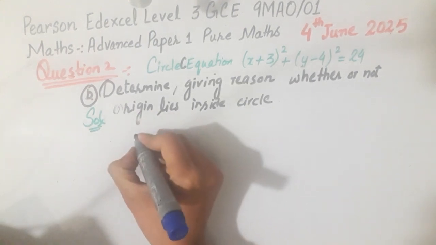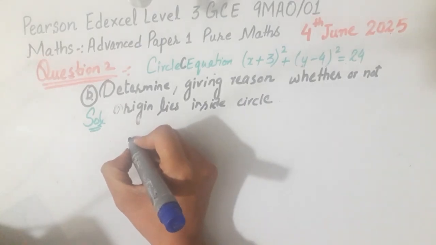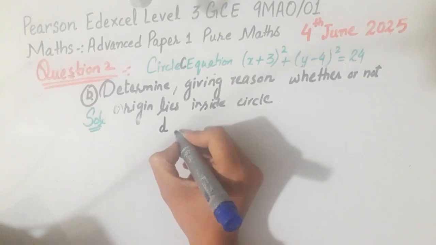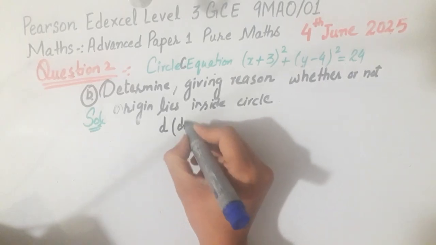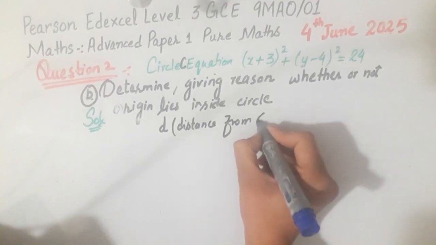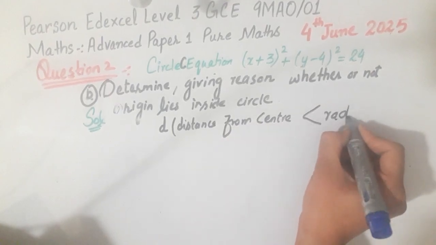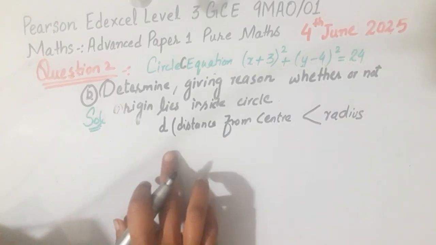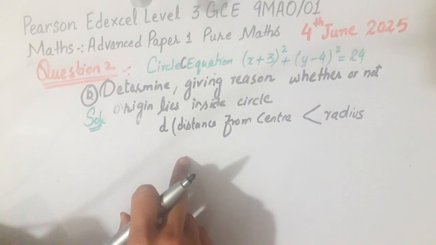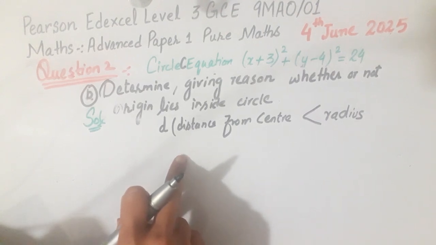A point is inside the circle if its distance d from the center is less than the radius. This is the condition. Now let us calculate the distance from the origin 0, 0 to the center. The center is minus 3 and 4.